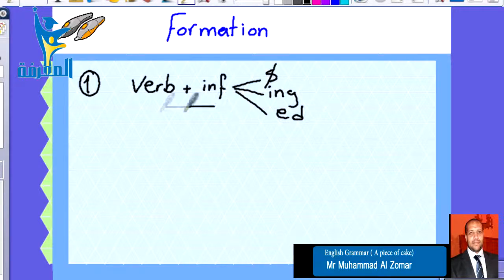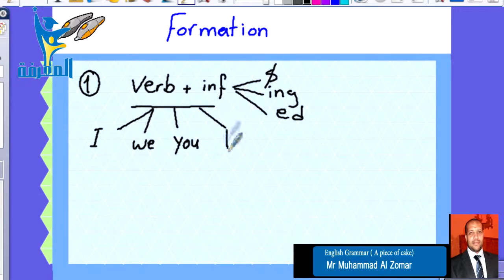And this shape comes with pronouns like I, we, you, and they. Of course, with the plural noun.